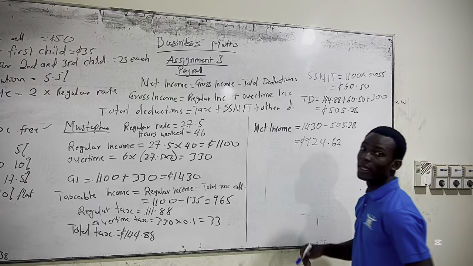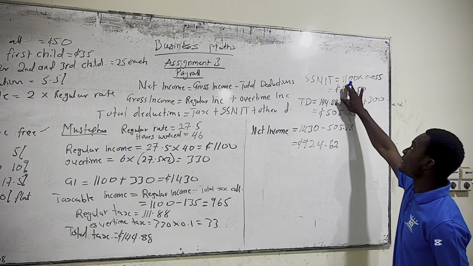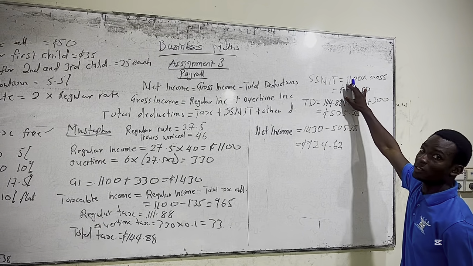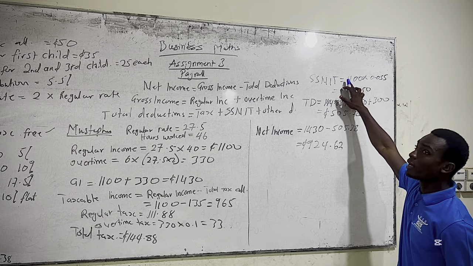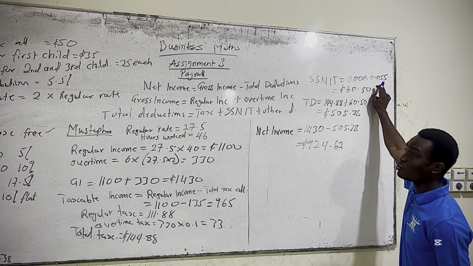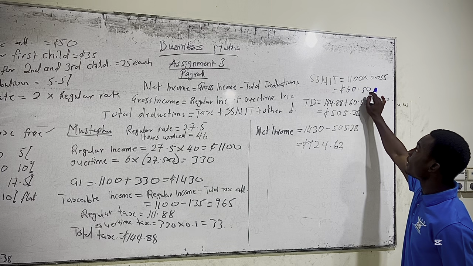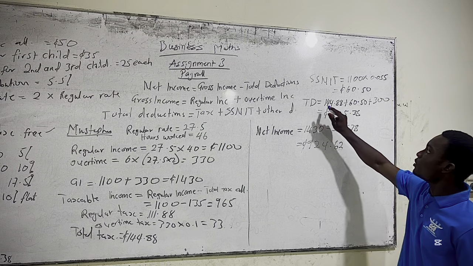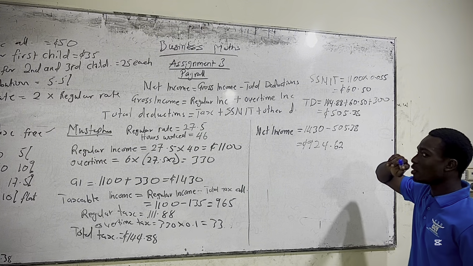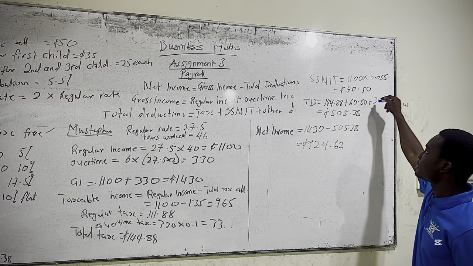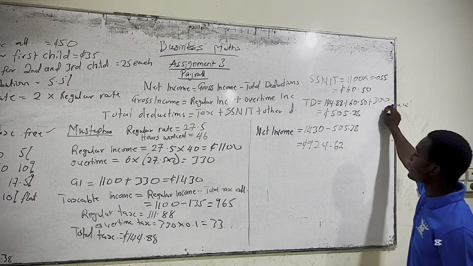So here too, we come to SNET. As we all know, our regular income times the SNET contribution for employee, giving us what? 60.5. So total deduction is going to be 144.88 plus 60.5 plus what? 300 is what?